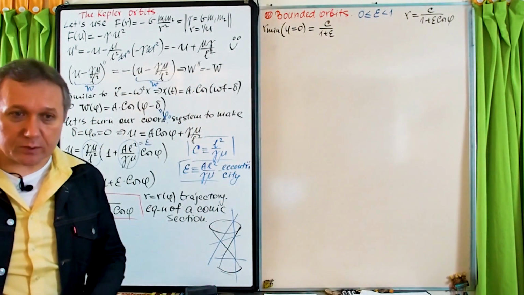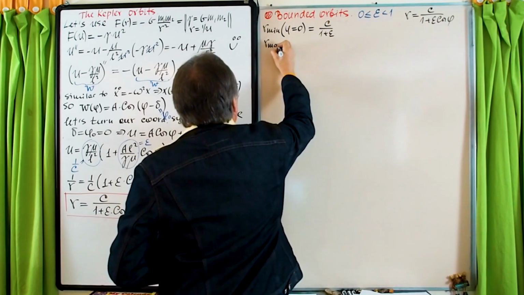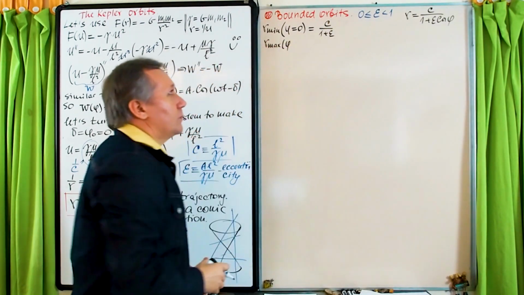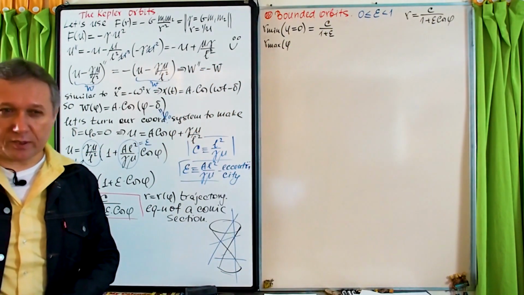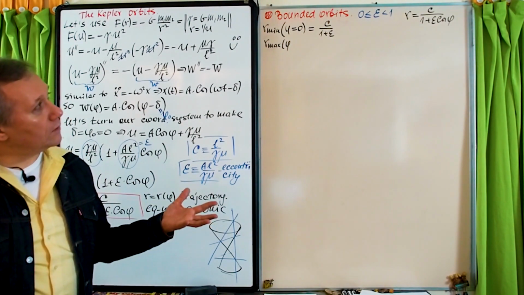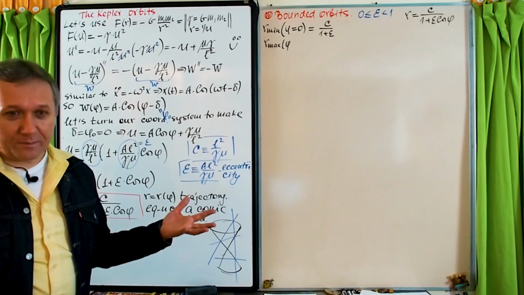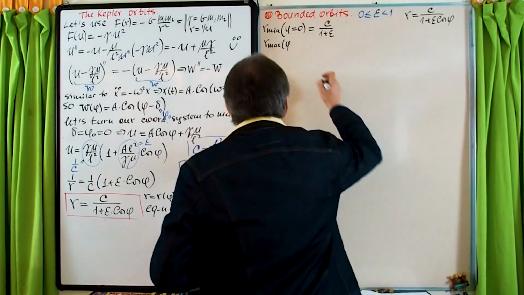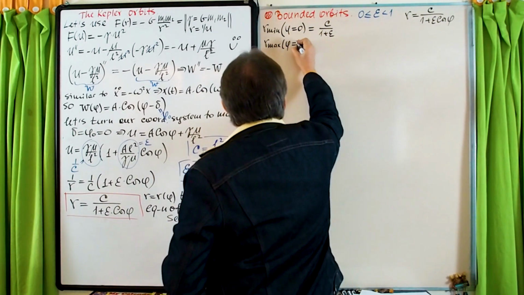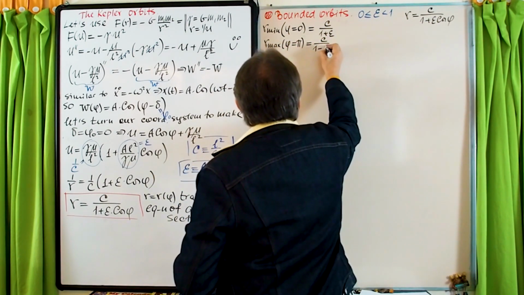Now let's check the maximum value. r max is when the denominator is minimum, so when cosine is negative, when phi equals pi, and r will be equal to C over 1 minus epsilon.